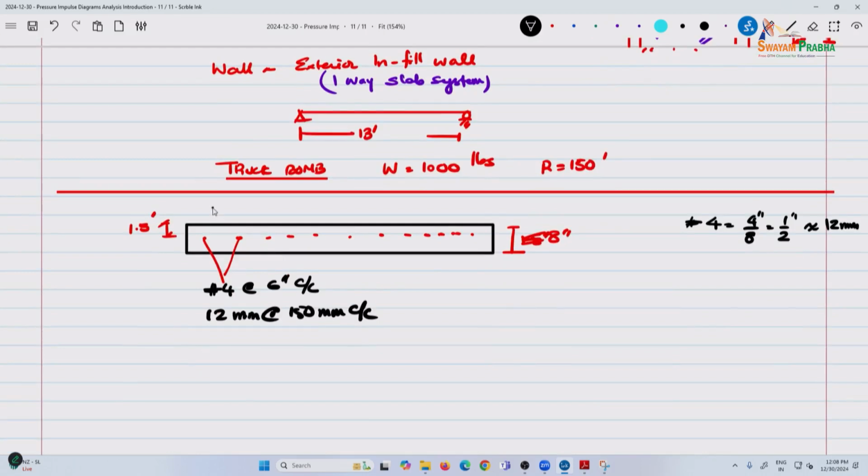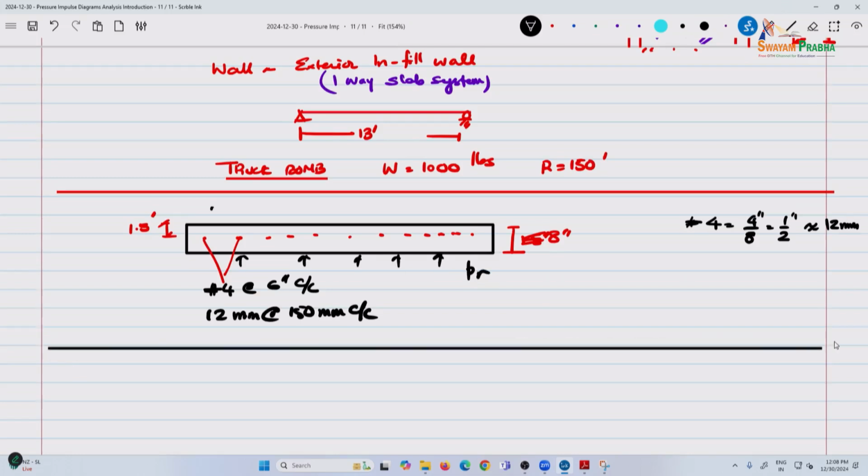And PR is applied this way. Question: is the wall adequate?